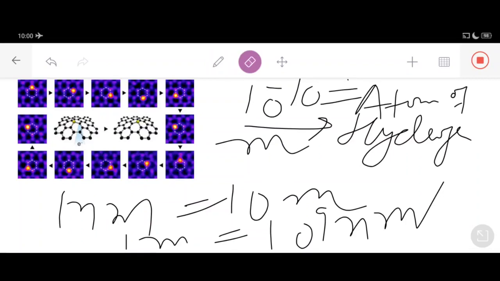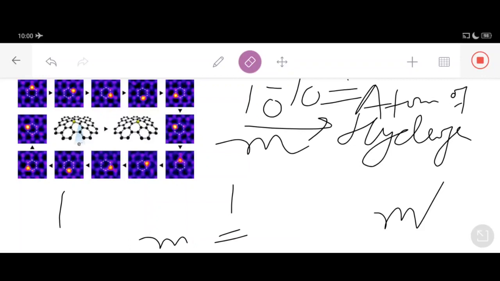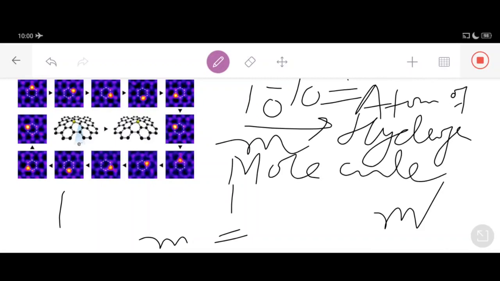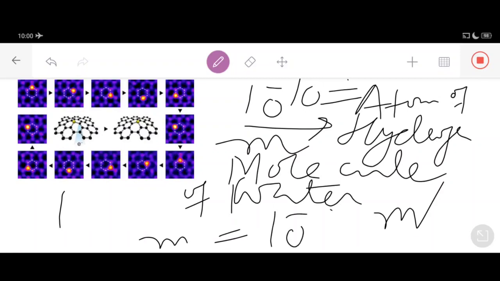Second is the molecule of water. A molecule of water has an atomic radius of 10 raised power minus 9 meter. Mark my words, students: the atom of hydrogen has an atomic radius of 10 raised power minus 10.